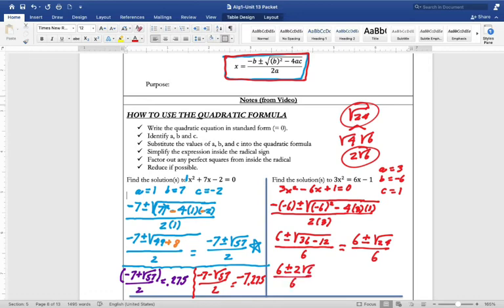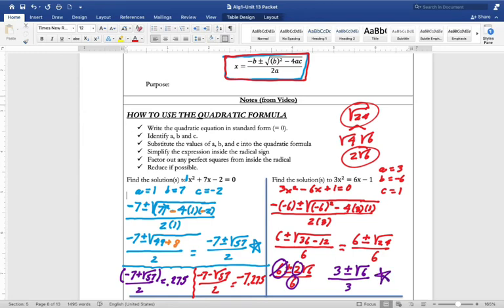And then what we can do here is we have to look at this 6, this 2, and this 6. They're all outside the radical. And can we divide the 6, the 2, and the 6 by one number? And the answer is yes, this 6 is going to become a 3. That 2 out front of the square root of 6 will become a 1. I don't need to write it, so I'll just write 1 square root of 6, understanding that it's a 1. And that 6 in the denominator becomes 3. That's my answer.